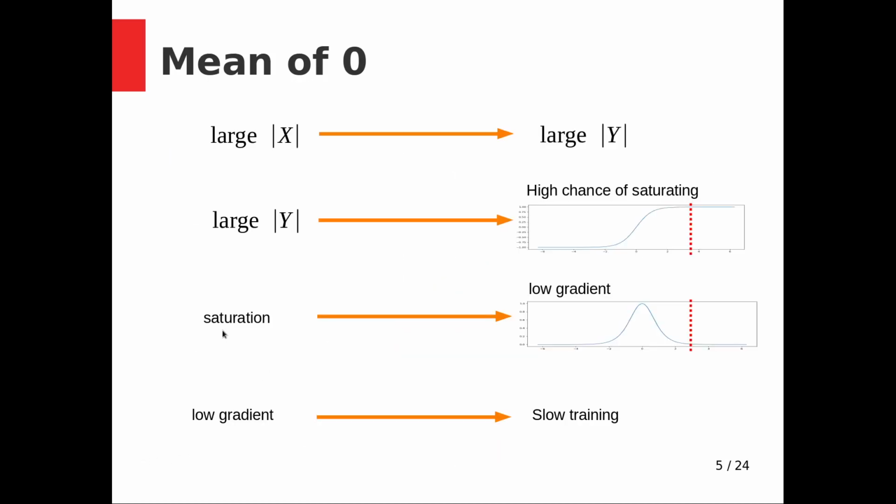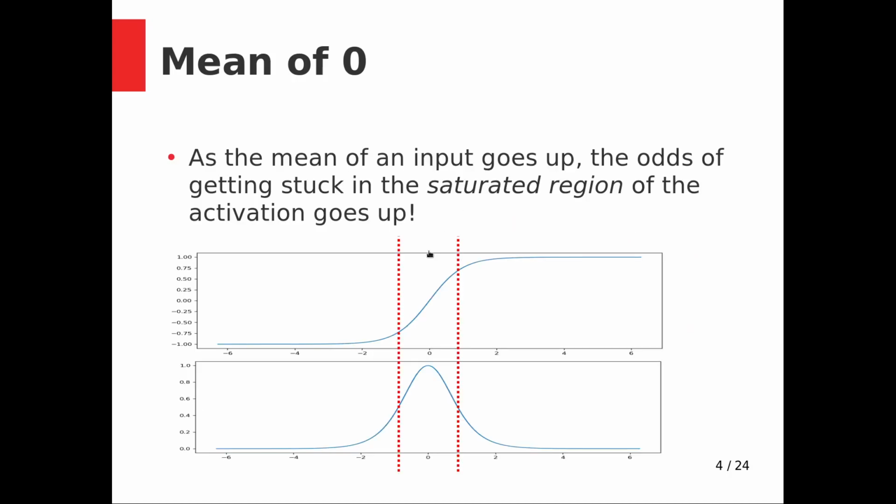So, a mean of 0, right? Why does that help? What do I mean by stay in the useful region of the nonlinearity, right? I mean being more likely to stay in here, right? So this is tanh of y, and this is tanh prime of y. And we saw these last week, right?